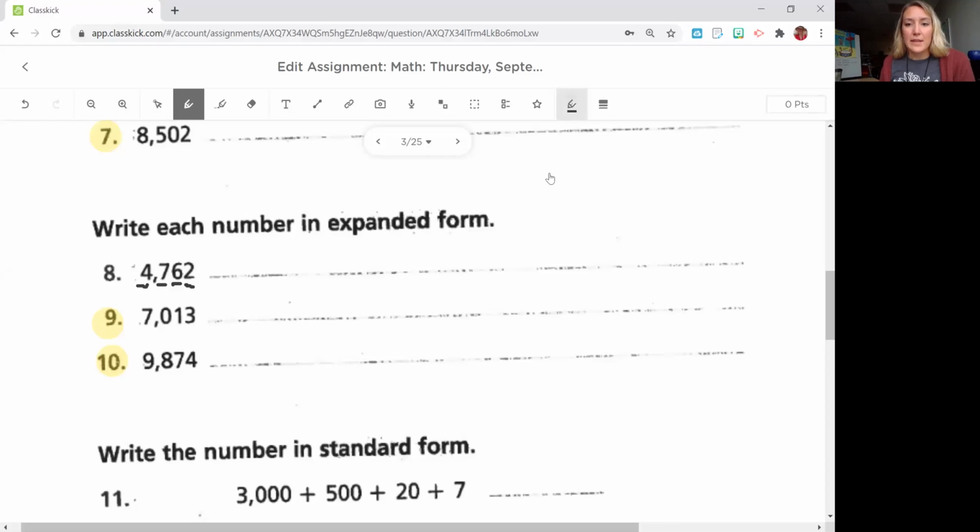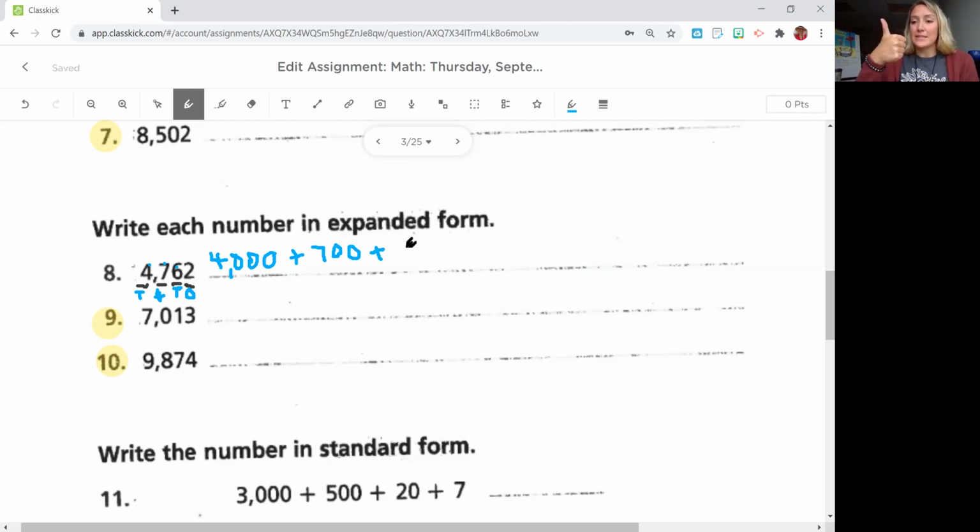I'm going to start with my thousands, hundreds, tens, and ones. Now there are 4 thousands, so I'll write out 4,000, plus, then I'll move to my hundreds, 700, 6 tens. 6 tens is the same as 60.